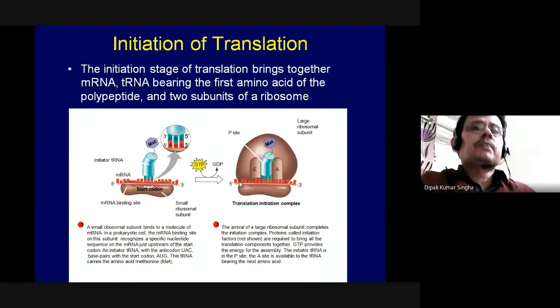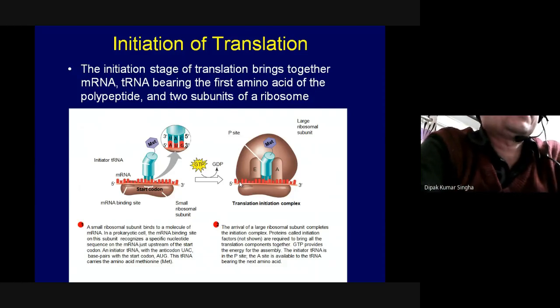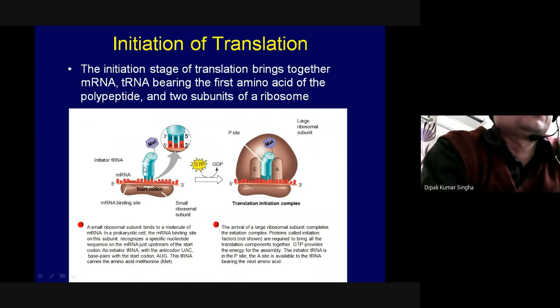The initiation stage of translation brings together the mRNA, the tRNA, and the first amino acid of the polypeptide, and the two subunits of the ribosome at the first codon. Here is the codon, and this anticodon binds with this Met-tRNA, at the start codon, with the small ribosomal subunit.